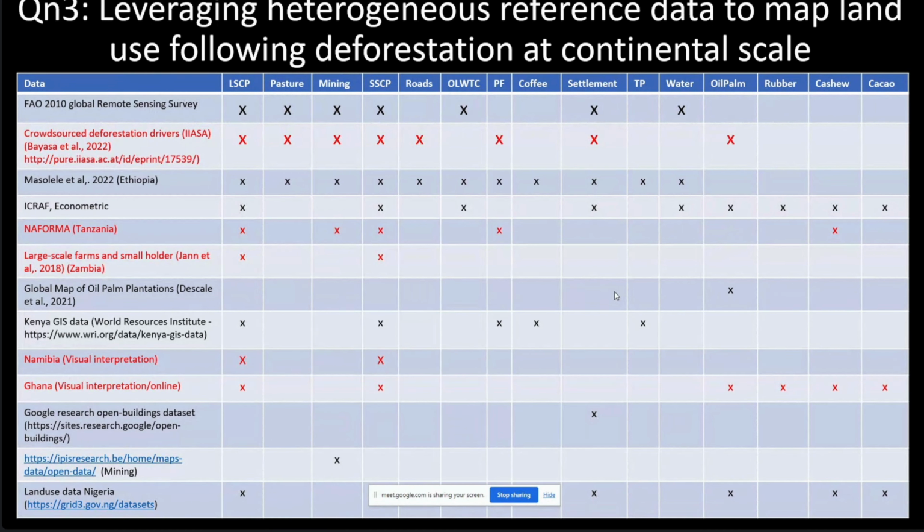continental scale. As you can see, in the distribution, the X axis is how many data samples you have for each class, and most of them, like large scale crop and probably small scale crop, are the majority, and some of the commodity crops are really lacking. Of course, most of these data, for example, in countries like Ivory Coast or Ghana, is where you can get data for commodity crops.